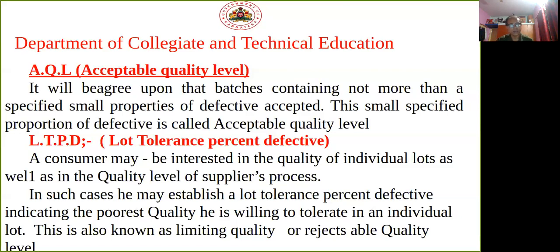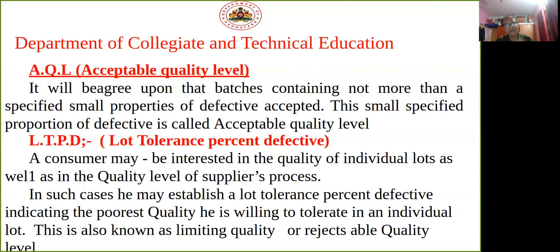So in the lot tolerance percentage defective, before purchasing any items and before the inspection, the consumer considers the two things: the quality of the individual lot and the quality level of the supplier.